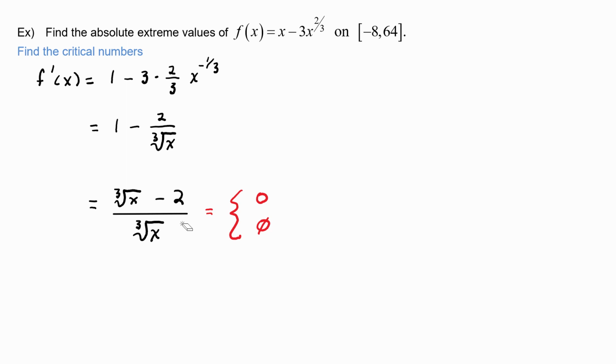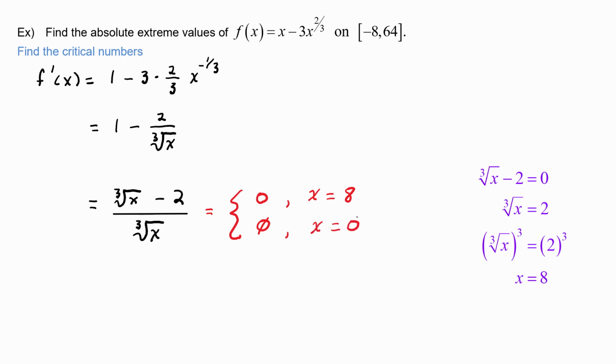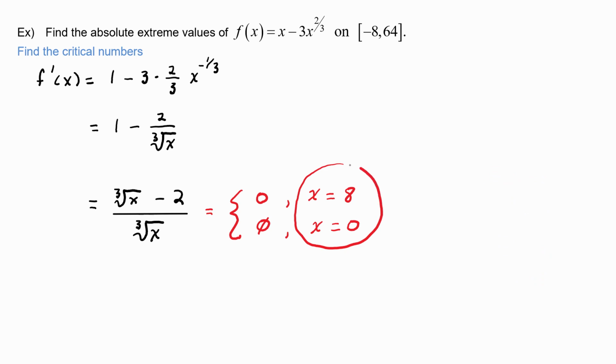To get 0 in the numerator, we need cube root of x minus 2 to equal 0. Well, that will happen when x is equal to 8. And that's because solving cube root of x minus 2 equals 0 means cube root of x equals 2. If we cube both sides, we end up with x equals 8. And for this rational expression to be undefined, we need the denominator to be 0, and that will happen at x equals 0. So we have two critical numbers here.